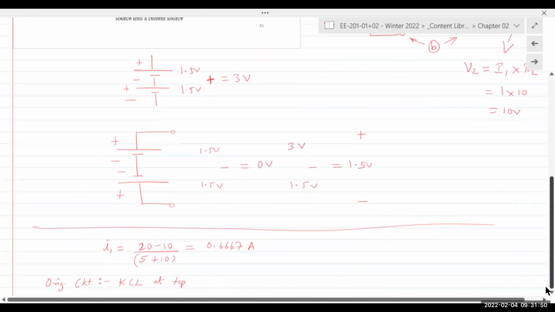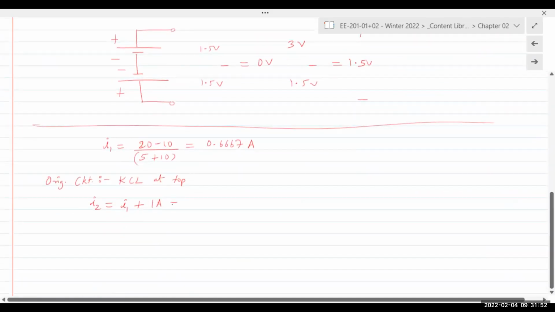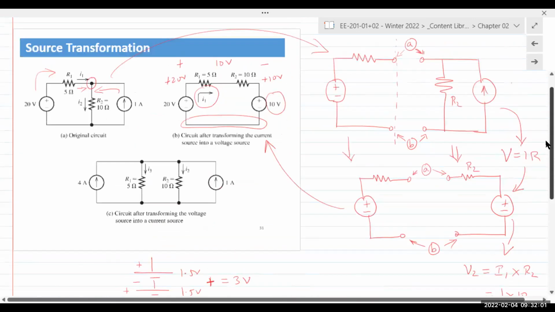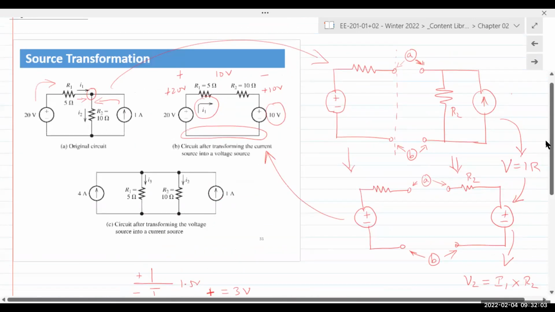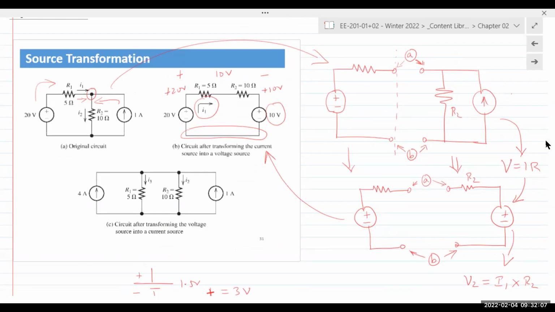And so my actual I2 in the original circuit is simply 1.6667 amps. All right, questions? Any questions at all?